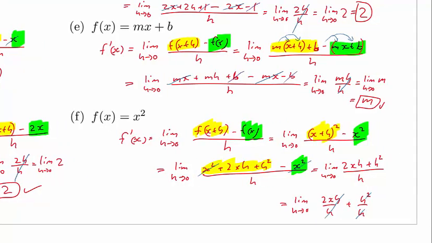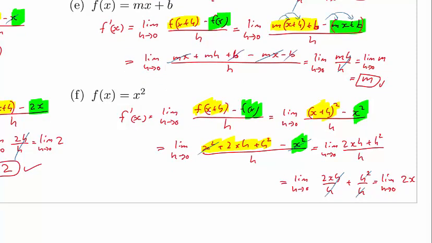And so what are we left with? We are left with the limit as h goes to 0 of 2 times x. Now I want you to note, x is a variable, but x really does not care what h is doing. So this simply is going to become 2 times x. And that is our derivative.